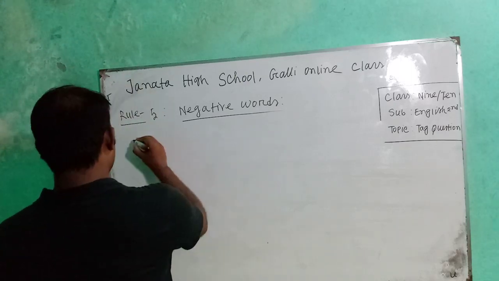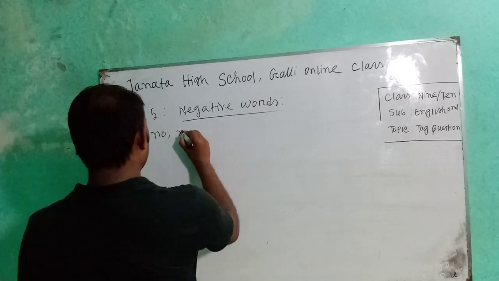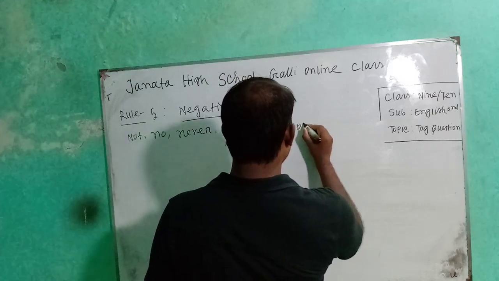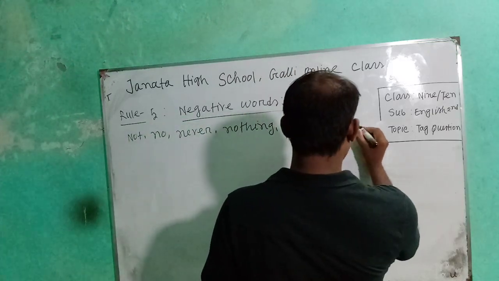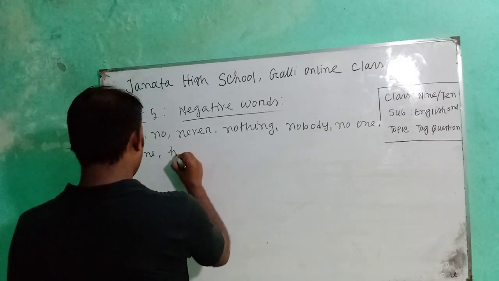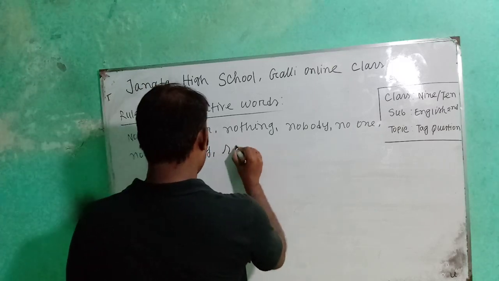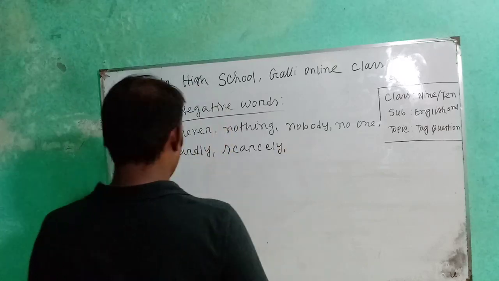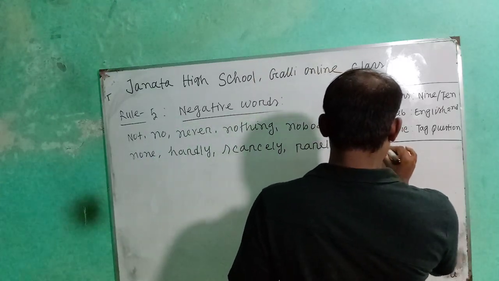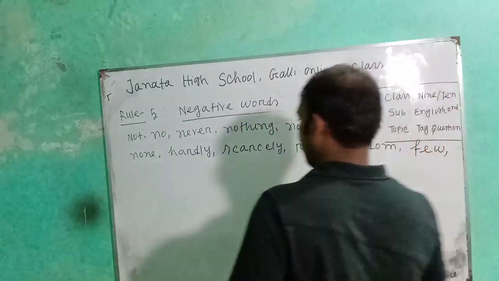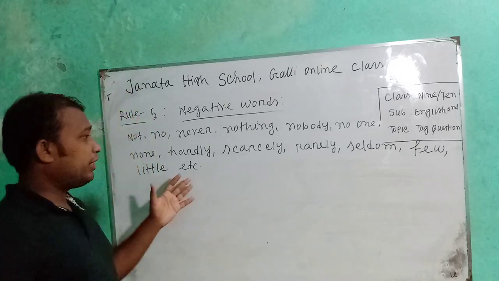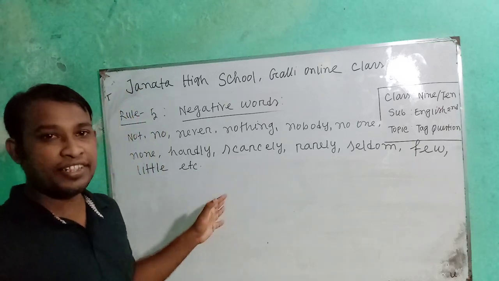There are some negative words: not, no, never, nothing, nobody, no one, none, hardly, scarcely, rarely, seldom, few, little, etc. If we find these words in a sentence, we have to consider it a negative sentence.